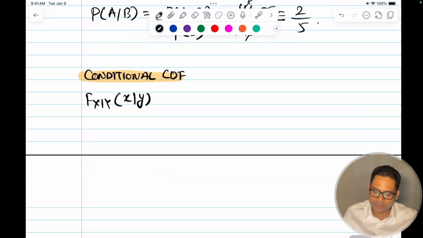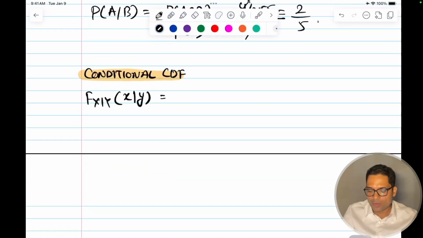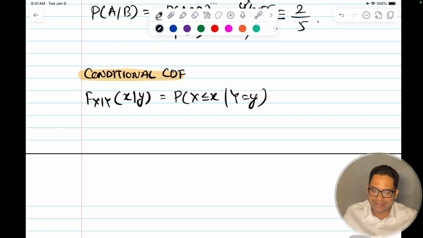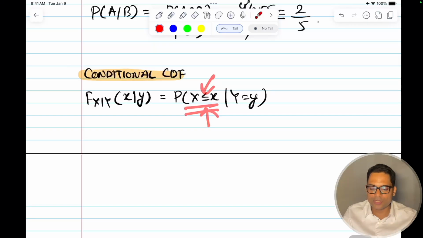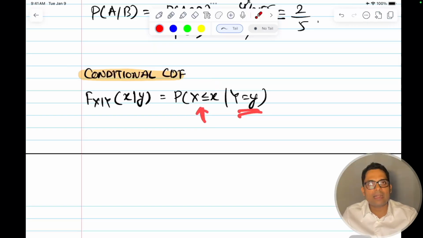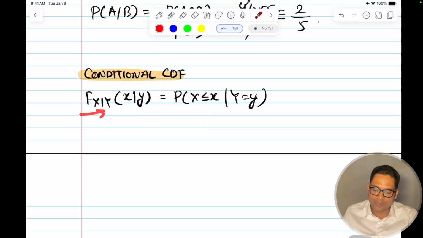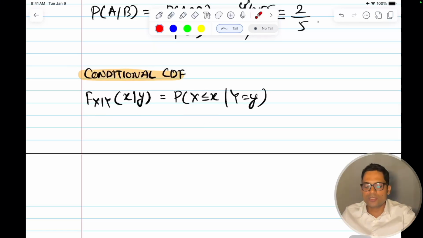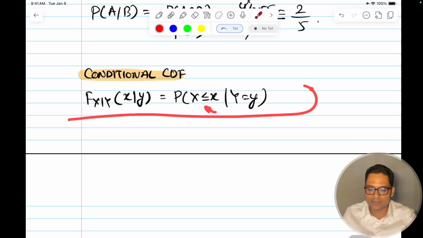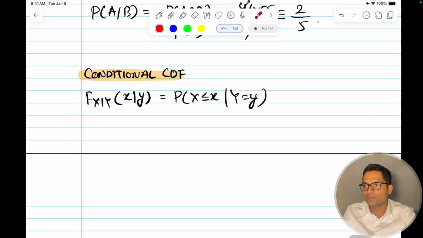F of X given Y is equal to probability of X less than or equal to x given Y is equal to y. Here Y is fixed, and the accumulation is happening on the X variable only. Y has happened. Now what is the probability of getting all the possible values of X less than or equal to x? This is what conditional CDF will give you.